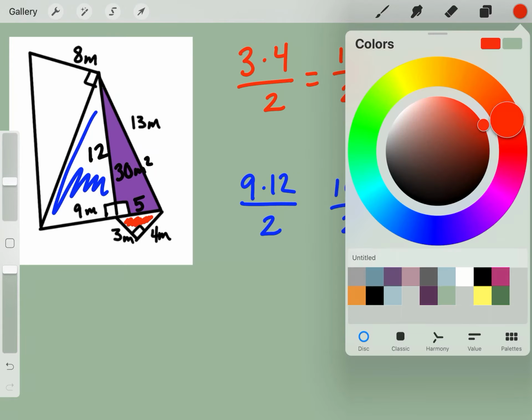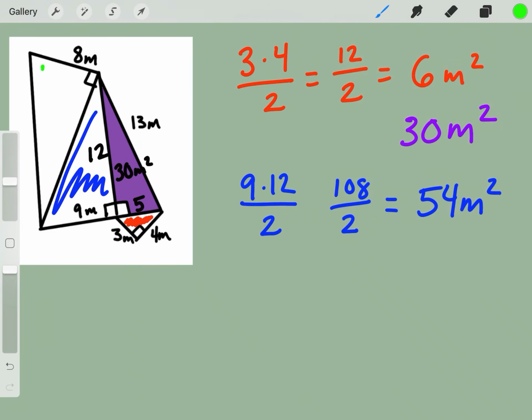And then that last one we have here, which I'll make green. The issue here is we only have one leg, so we're still missing that other leg. We have to use the information from the blue triangle to find that other leg.